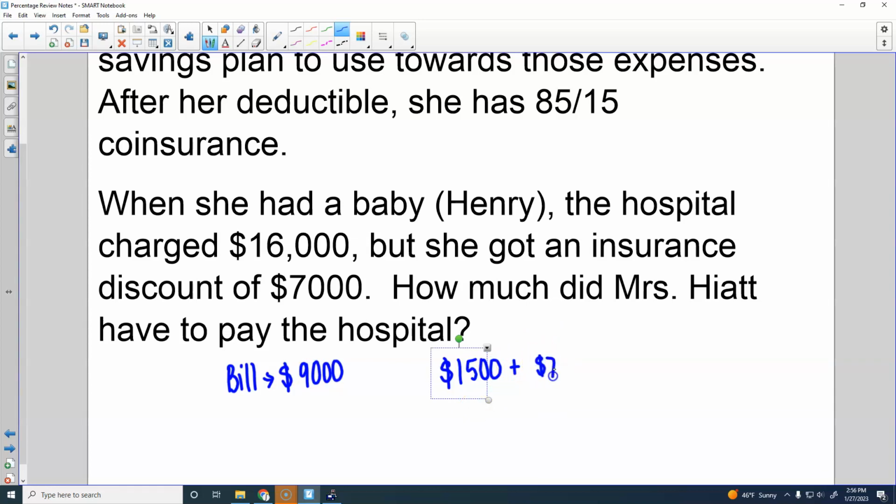So I got $7,500 times 0.15, because I had to pay 15% of that. And this is going to give me, are you guys getting $2,625? Did I do that right?